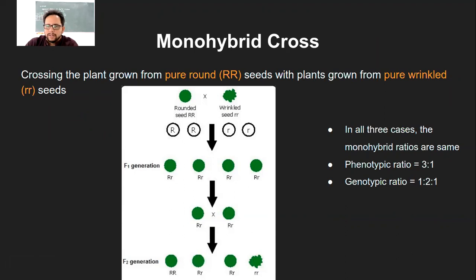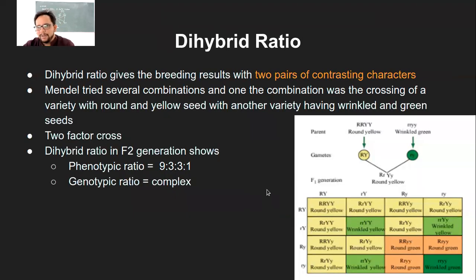Now, the next part is the dihybrid crosses or dihybrid ratios, to actually check with 2 pairs of contrasting characters. This is also done with homozygous dominant for both the traits and homozygous recessive for both the traits. If you were taking capital R, that is homozygous dominant for round seed shape, that is round is the dominant one.